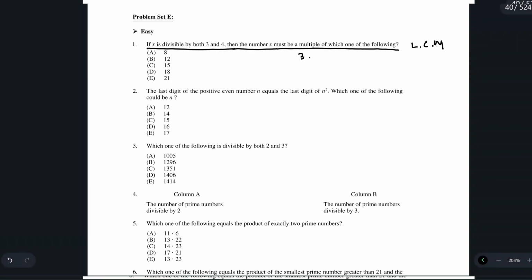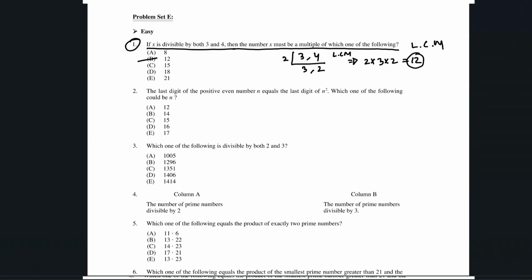So for 3 and 4, if we try to figure out the least common multiple, we can see the LCM should be 2 times 2 times 3, which is 12. So 12 is the least number that is a common multiple for 3 and 4. So the answer for question 1 should be B, or 12.